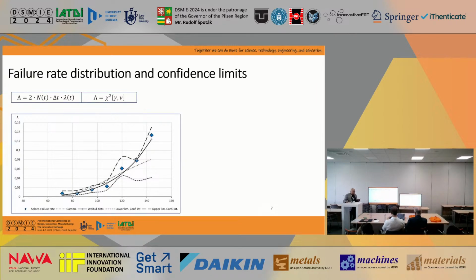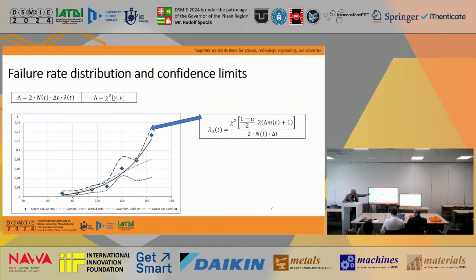As with any random value, failure rate is also a random value. It has its confidence limits. Here we have the failure rate and its confidence limits, and there is a value lambda which is connected with failure rate, and it is known that it has a chi-square distribution.